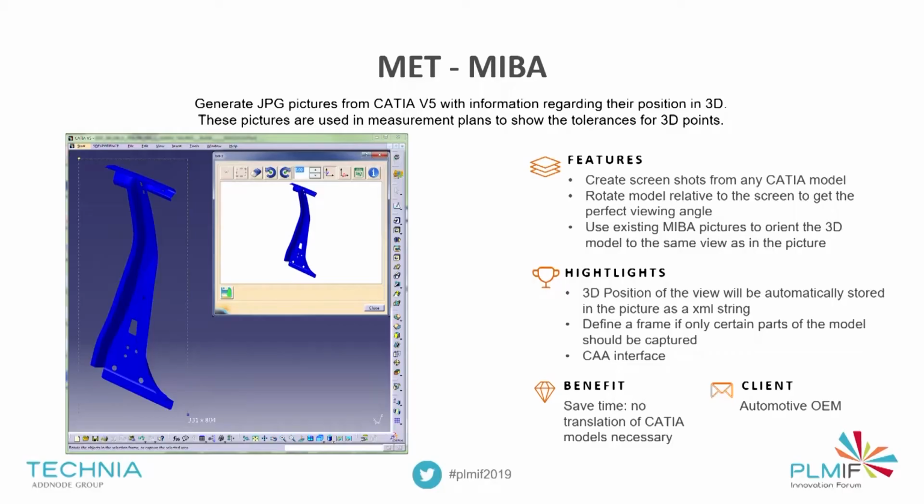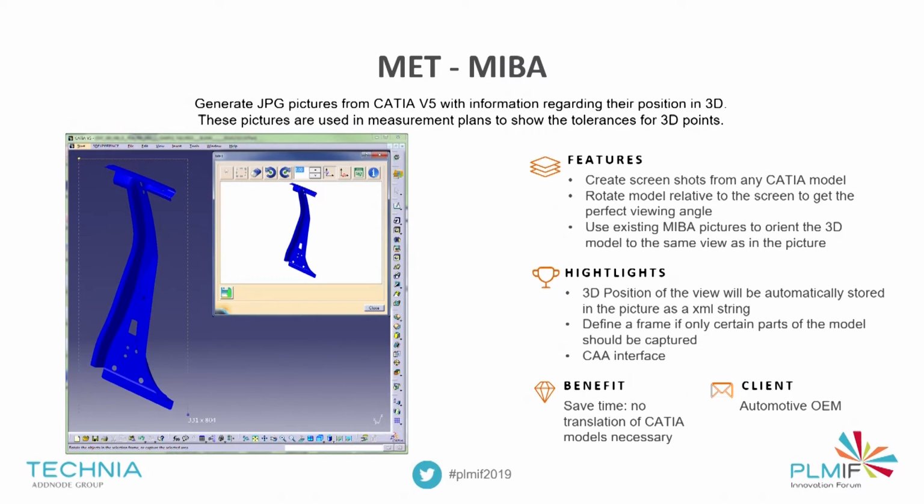Correct. So the first one is MedBeaver. That's a customer situation where you have the 3D model and you want to make screenshots of it. That's not something really sophisticated, but the additional input into the resulting JPEG files is a transformation matrix.